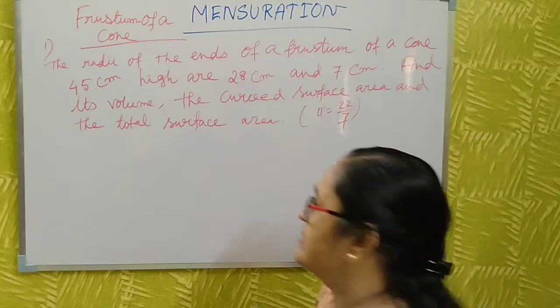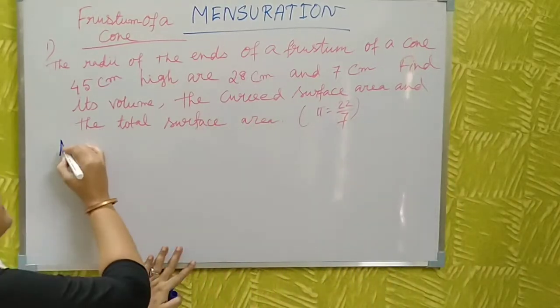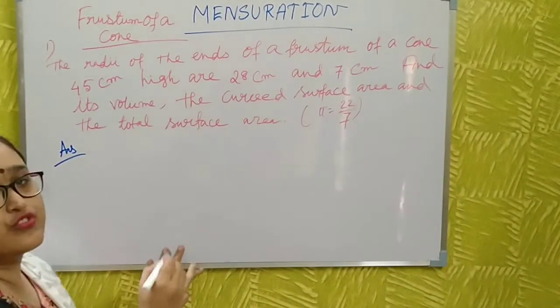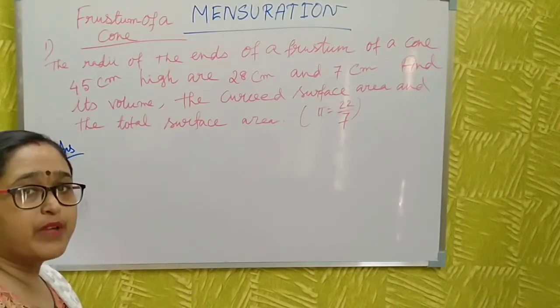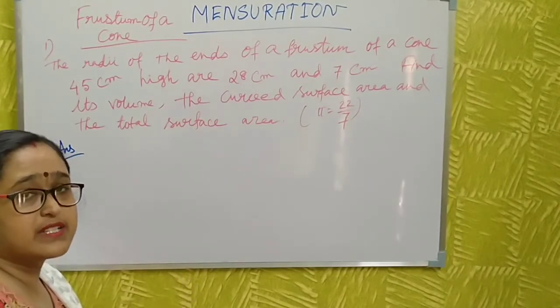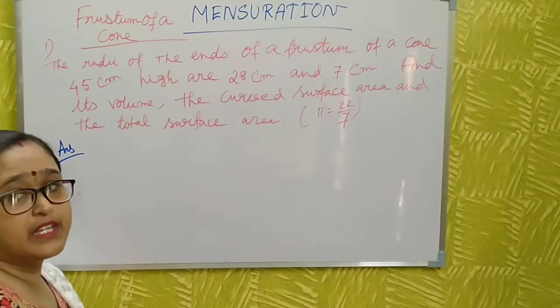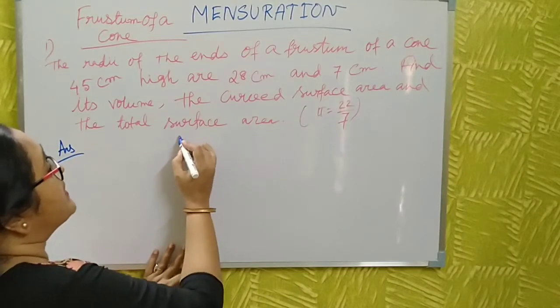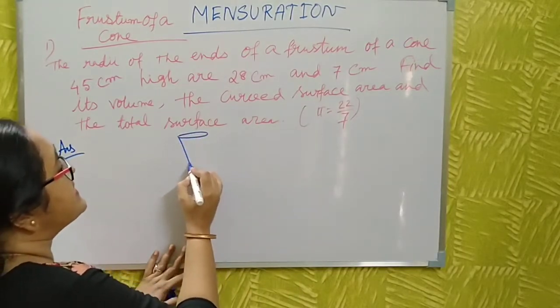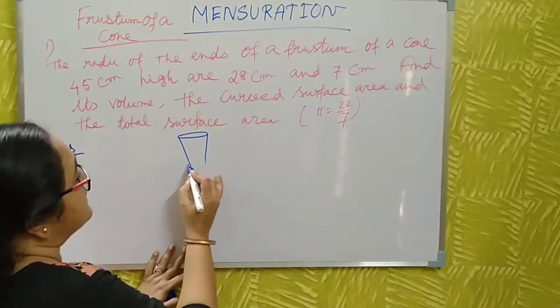Now I start like this. The answer I write like this. First you draw the figure. When you do mensuration, you must listen and remember: you must draw the figure on the basis of the question.